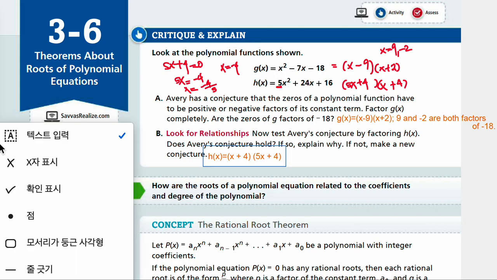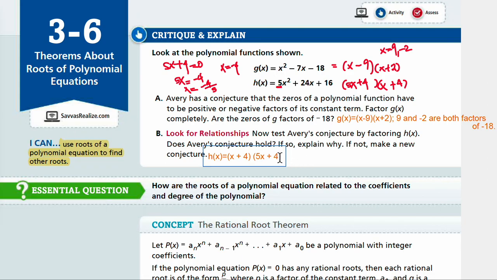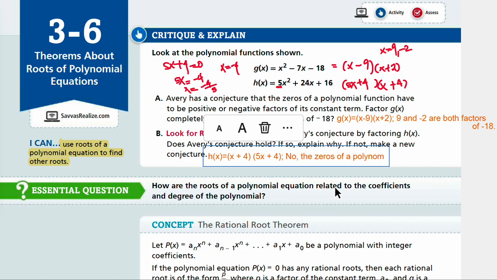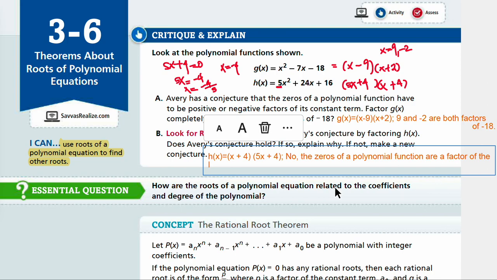So that would be a conjecture that would work. Good. Let's put that into words. No, the zeros of a polynomial function are a factor of the last coefficient divided by a factor of the first coefficient. Okay, good.